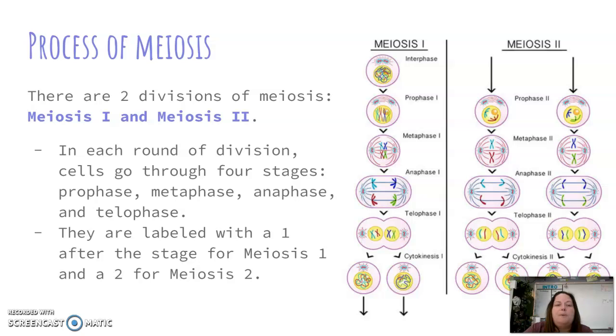Okay, it goes through mitosis or the PMAT stages once. Okay, and in all of those PMAT stages we end with a 1 to indicate that it's the first time the cell is dividing. So prophase 1, metaphase 1, anaphase 1, telophase 1. And then it goes through meiosis 2, which is the second set of PMAT steps. So then we put a 2 after that. Prophase 2, metaphase 2, anaphase 2, so on.